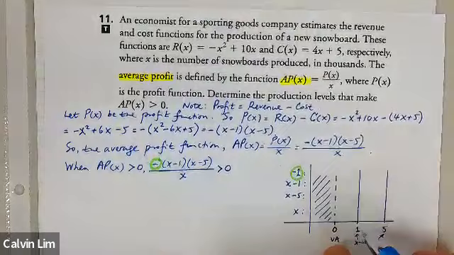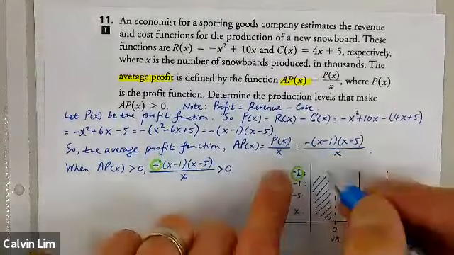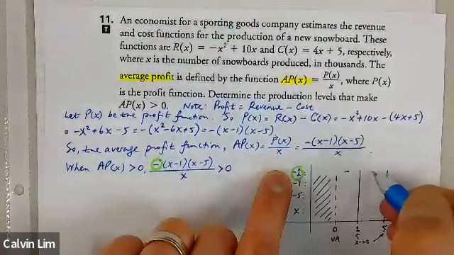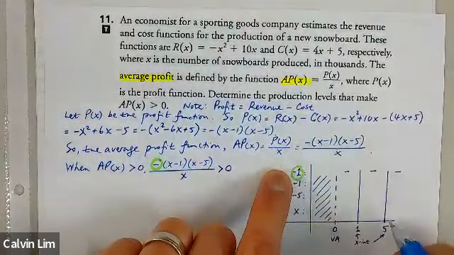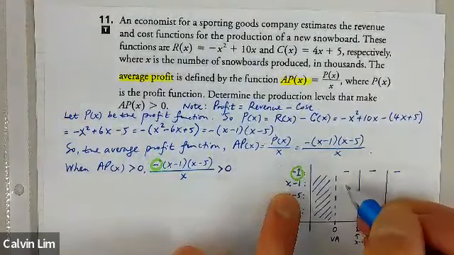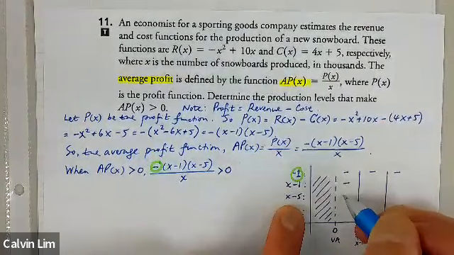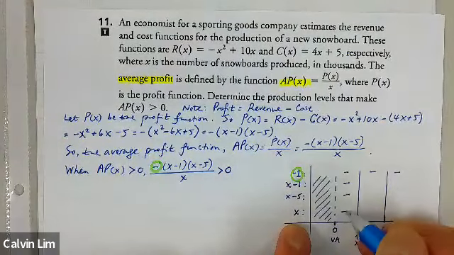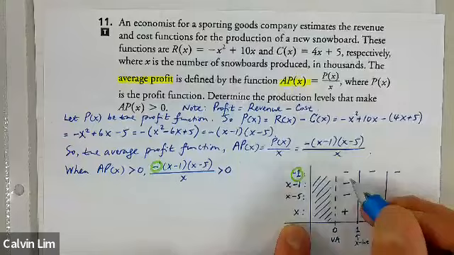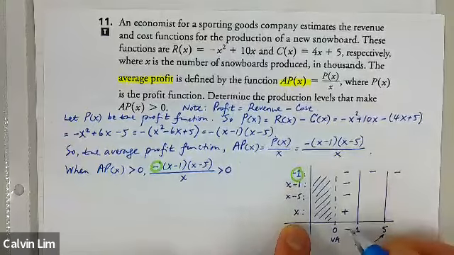Now, when x is between 0 and 1, -1 is negative, right? In fact, it's negative regardless of the value of x. x minus 1 will be negative. X minus 5 will be negative. X will be positive. So the net result, or this product, is negative.